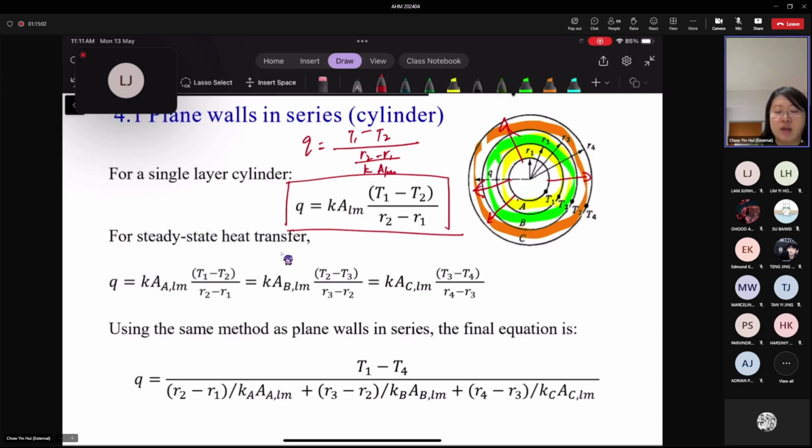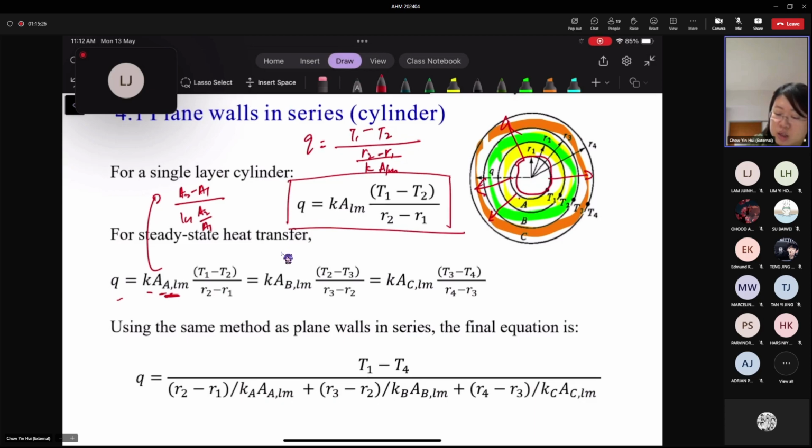For the first layer, material A, it's the thermal conductivity multiplied by the log mean area of material A, which you express as A2 minus A1 divided by ln A2 over A1. So you need to calculate this area here and this area here.